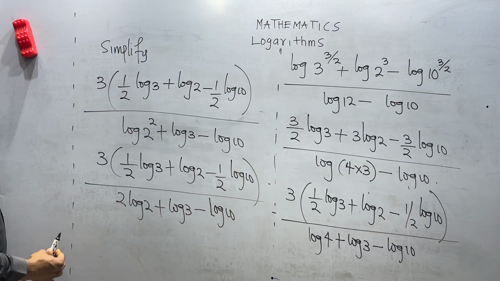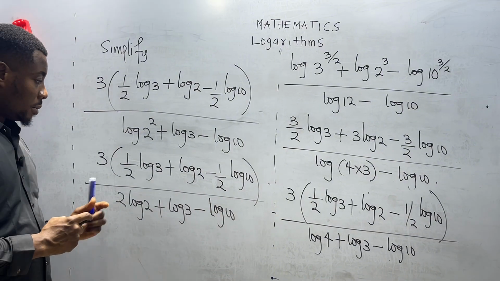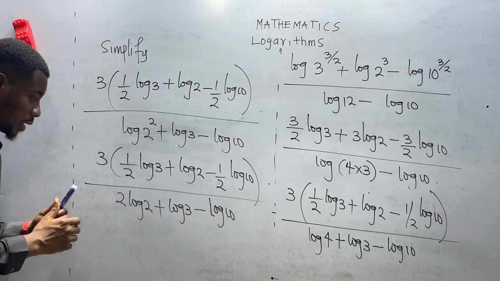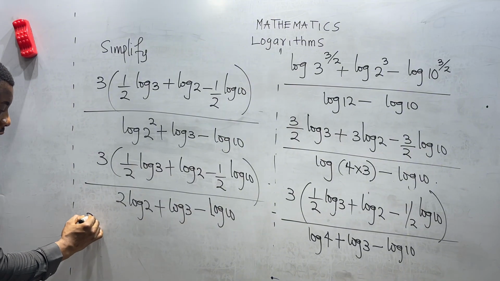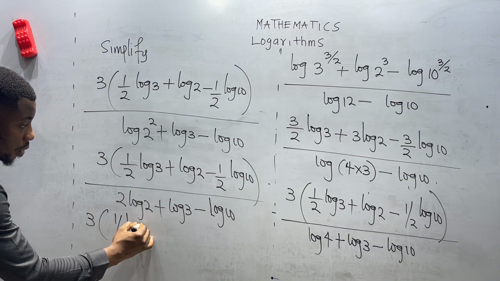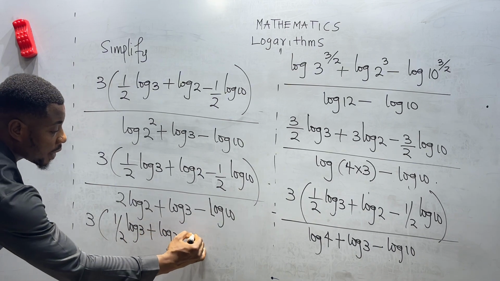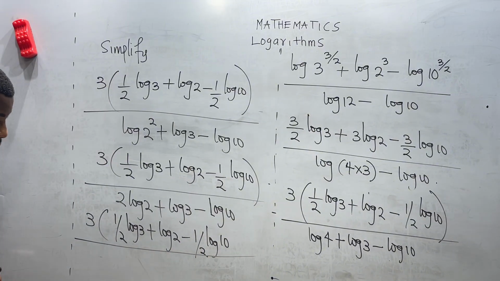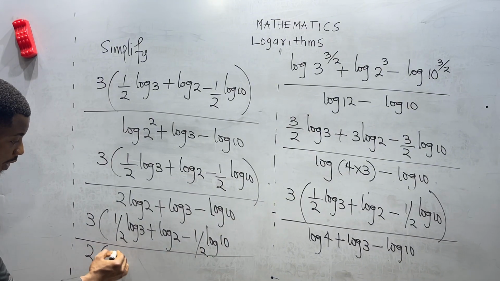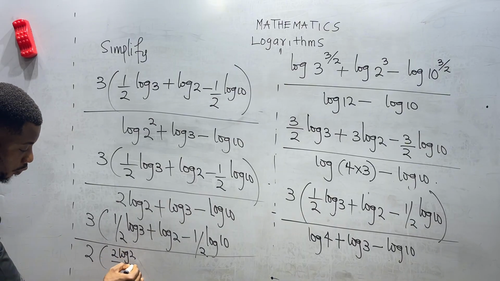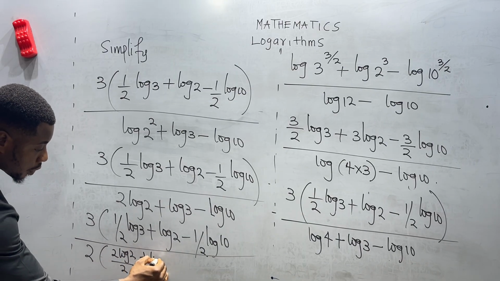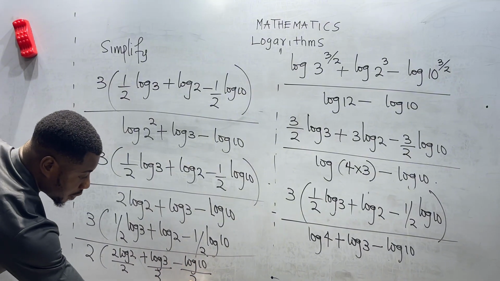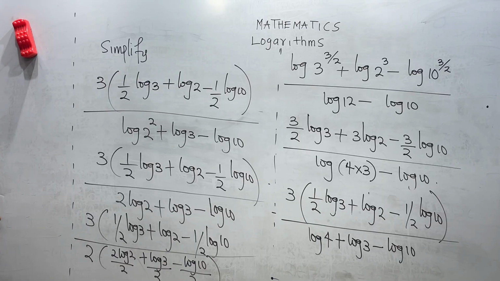Since we want to make the numerator look like the denominator, we can decide to factorize and bring out 2 from the denominator. We bring out 2, and we're going to have 2 times log 2 over 2 plus log 3 over 2 minus log 10 over 2.